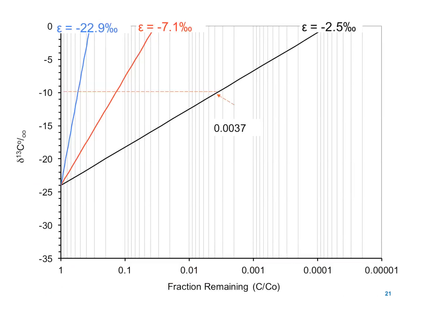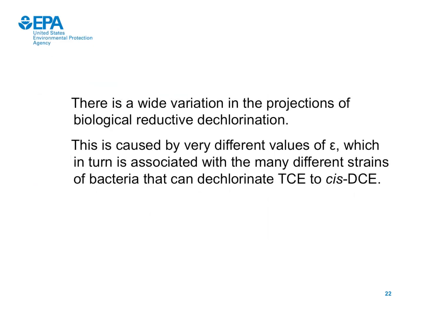So a value of -10 would correspond to 0.0037 for the line that's -25 per mil epsilon. And if you looked at the one for -7 per mil, well, it's not even 90% removal. And if you look at the line that's -22.9 per mil, well, let's see, it looks like that's about 60% remaining. So it's very sensitive to this value of epsilon. And if we only were able to make projections with this kind of data, actually, I think we'd have to say that there would be little value added. Let's go to the next slide.